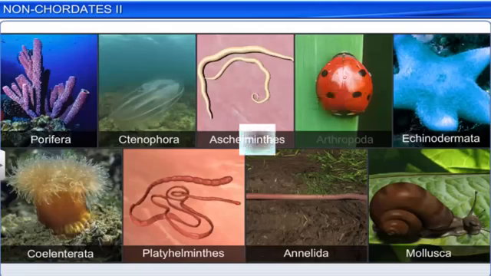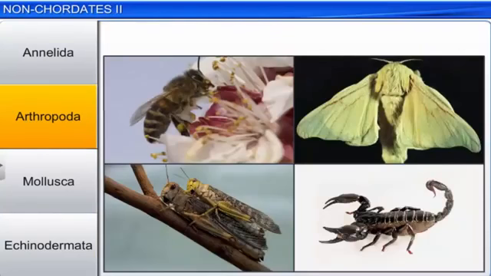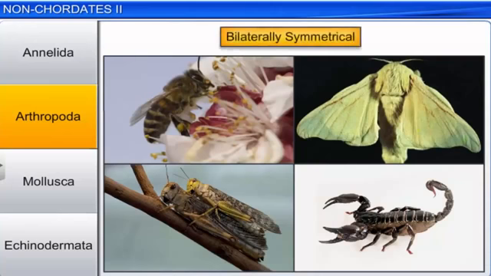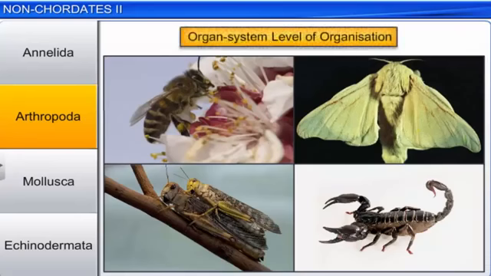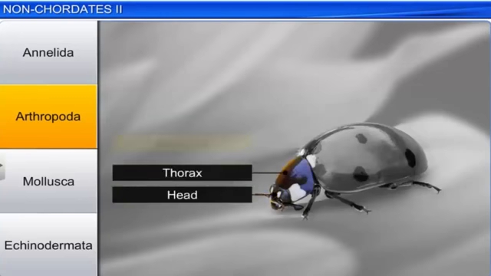The next phylum, Arthropoda, is the largest phylum of Animalia. Arthropods are bilaterally symmetrical, triploblastic, segmented, coelomate animals with an organ system level of organization. Their body is divided into the head, the thorax, and the abdomen.